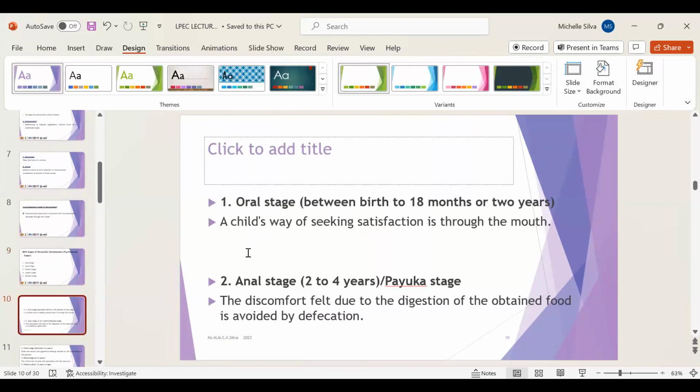In the oral stage, between birth and 18 months to 2 years, normally we believe that a child comes under the oral stage from birth to 18 months. 18 months means 1.5 years or maximum 2 years. A child's way of seeking satisfaction is through the mouth.